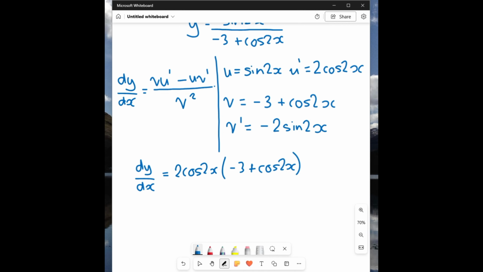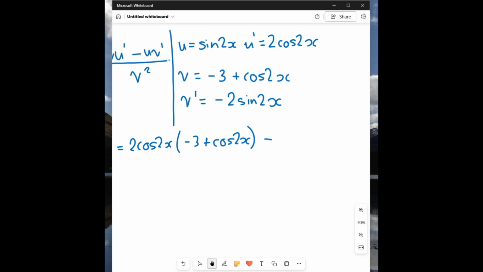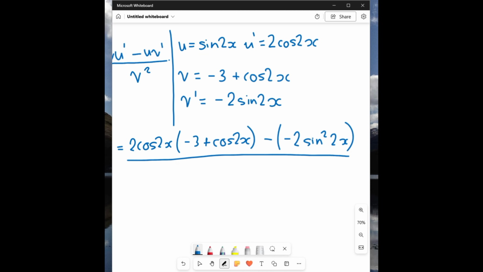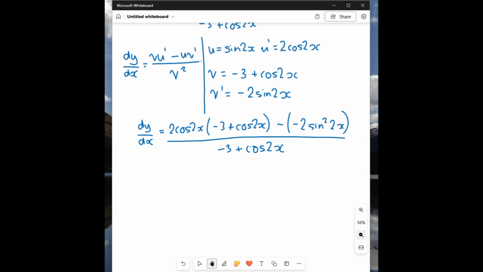And then we are taking away u v dash. So u is sine 2x, v dash is minus 2 sine 2x. So that will give us minus 2 sine squared 2x, sine 2x times sine 2x. And that will all be over our v squared, which will be minus 3 plus cos of 2x. So that is what dy by dx equals.